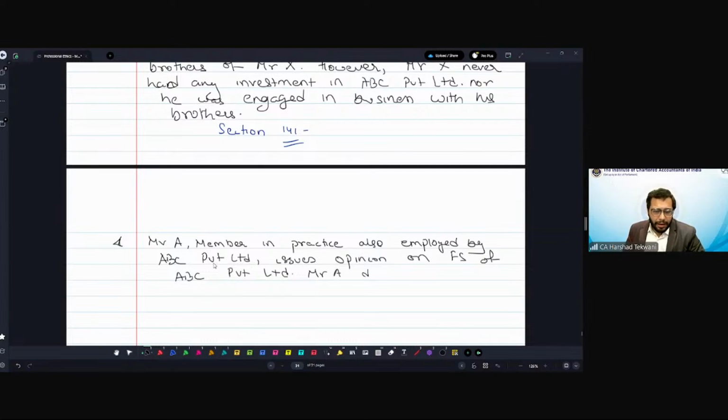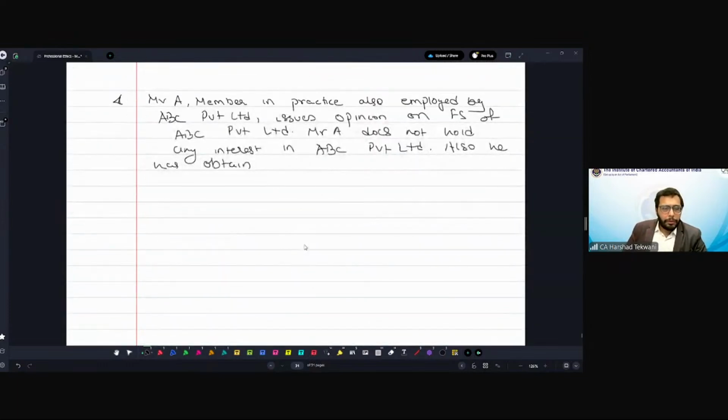Mr. A does not hold any interest in ABC Private Limited. Also, he has obtained specific approval of council for employment with ABC Private Limited.